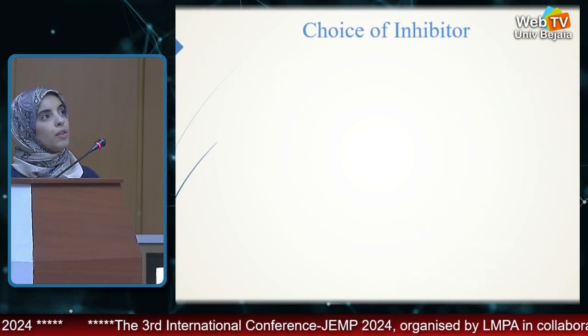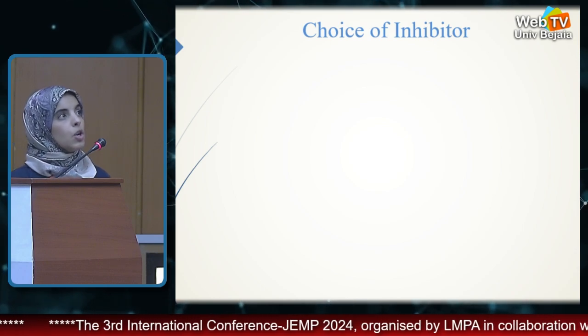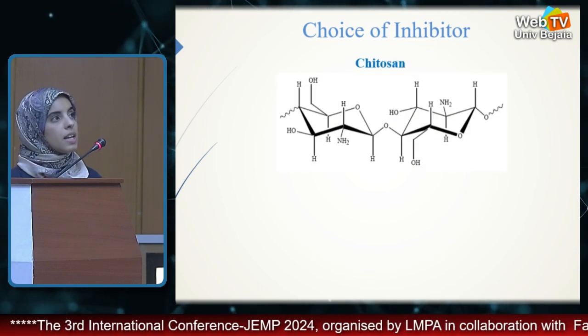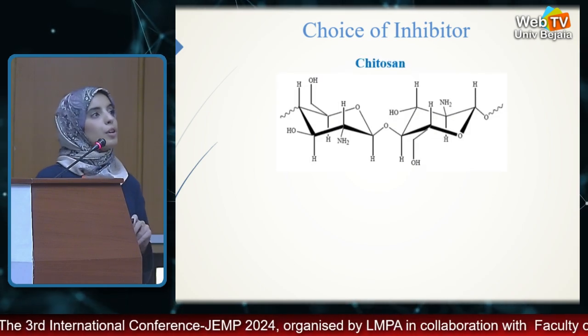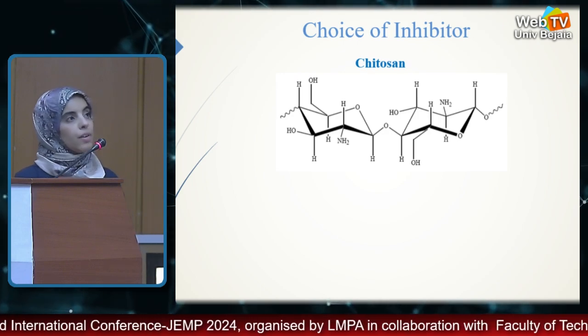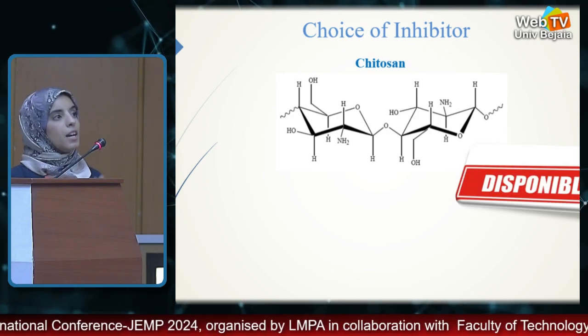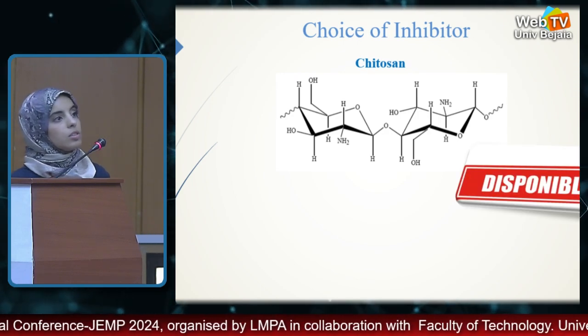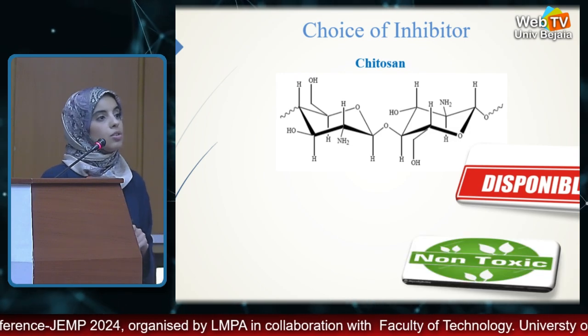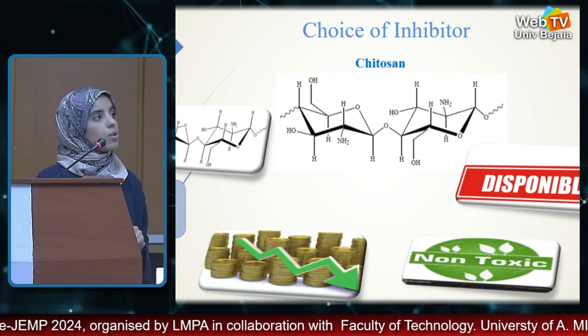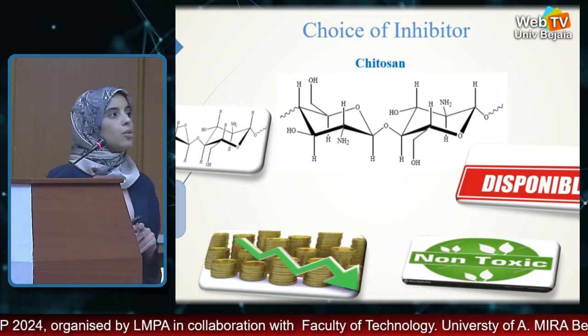For the choice of the inhibitor in this study, we have chitosan. Chitosan is the most abundant polysaccharide polymer after cellulose. Why chitosan? For its availability, non-toxicity, low cost, and its amine functional group.